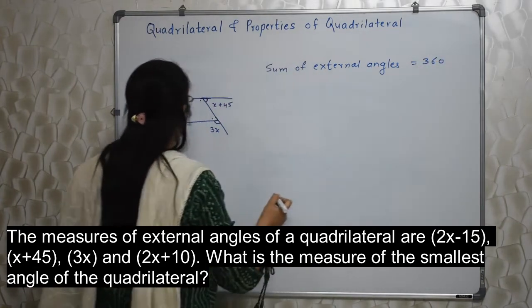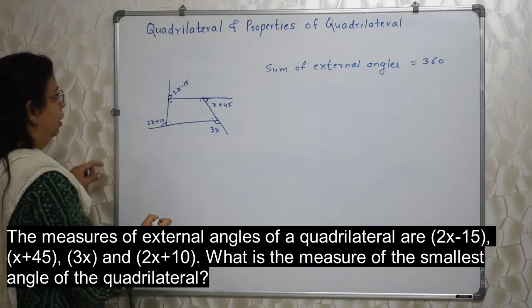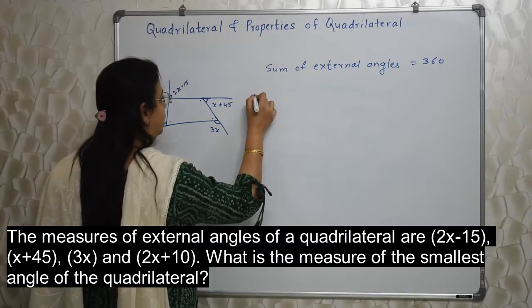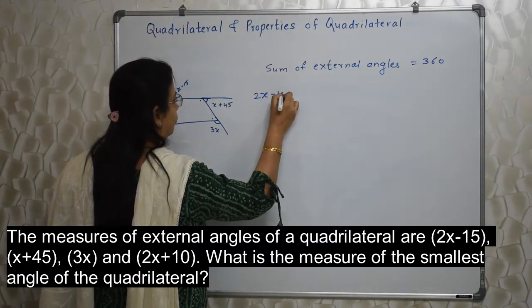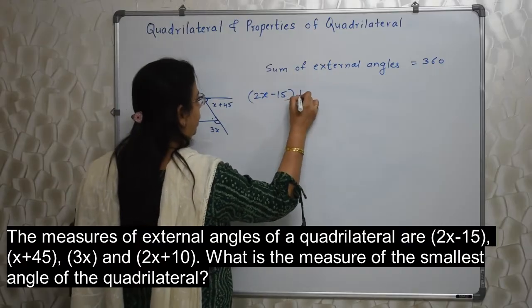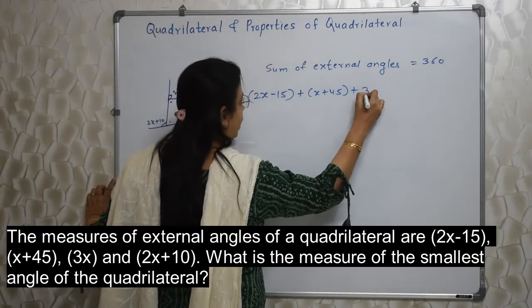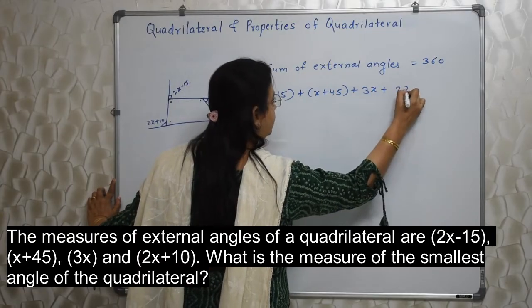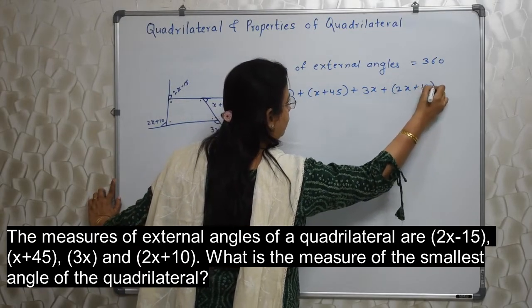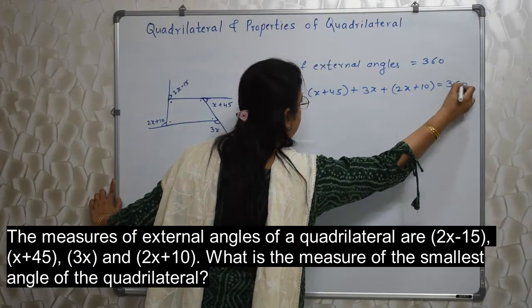What does it mean? If we add all these 4, that will be equal to 360. So let's do it. 2x minus 15 plus x plus 45 plus 3x plus 2x plus 10. That has to be equal to 360.